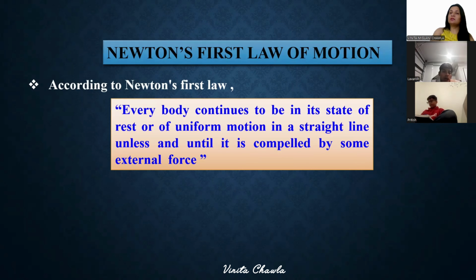It means if there is no unbalanced force acting on the object, then the object which is at rest will stay at rest and the one which is moving will continue to move with a constant speed along a straight line. So if no external forces are acting on the object, then the state of motion of any object does not change.